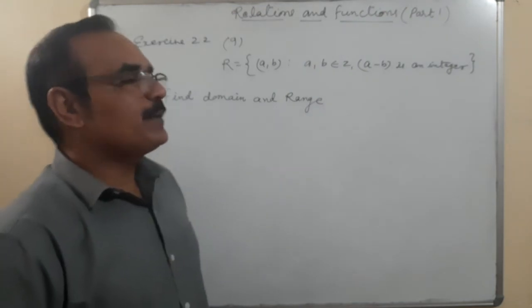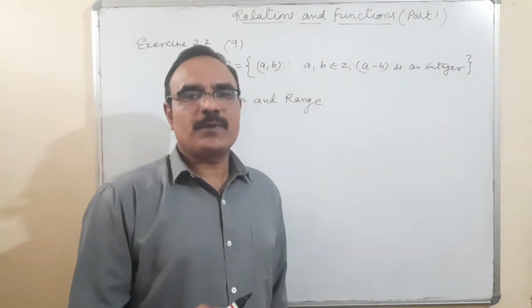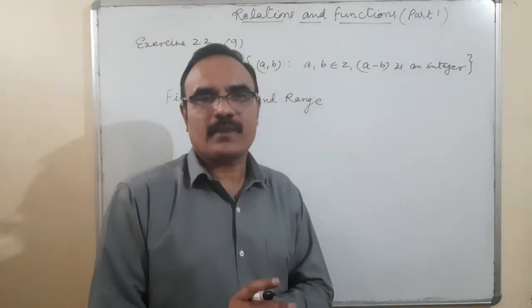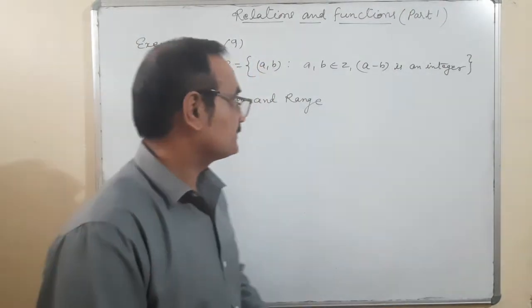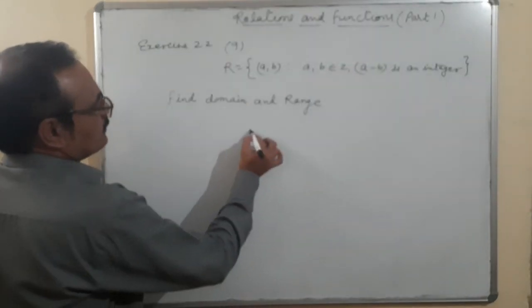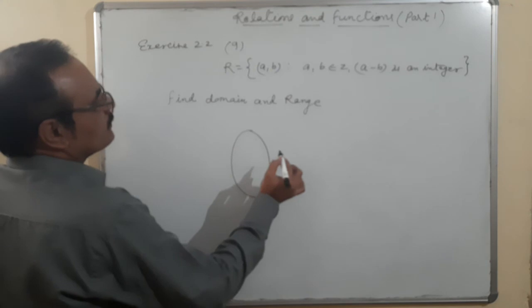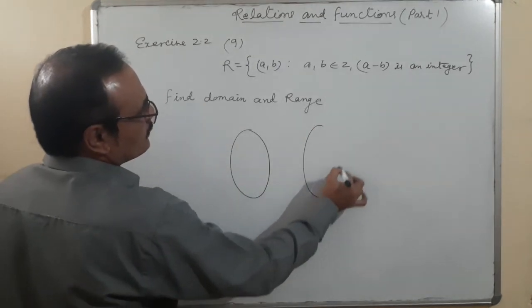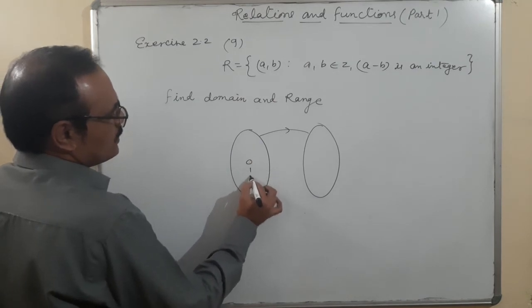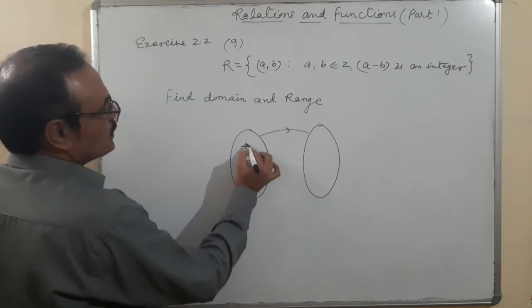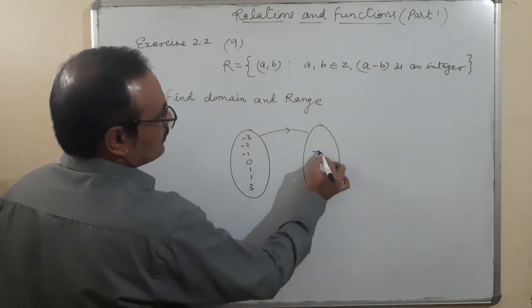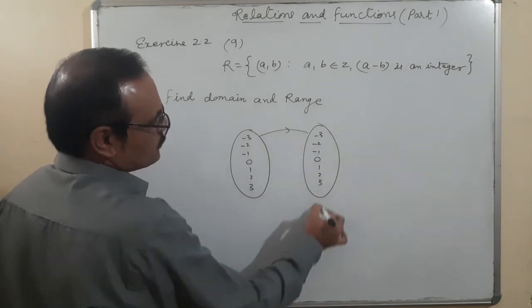R is equal to (a, b) belonging to Z. Z means all positive integers, negative integers, everything. The difference is an integer. Integers are 0, 1, 2, 3, minus 1, minus 2, minus 3, and so on.